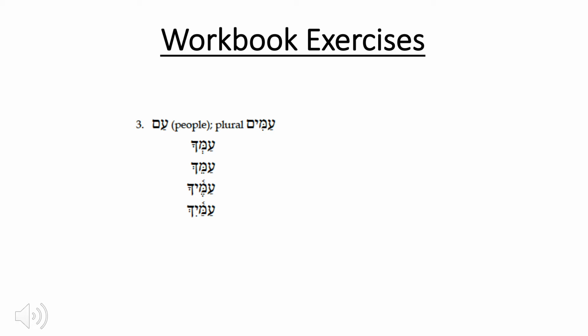This becomes a kaf shva suffix in the second example here, and because of that we have lost the shva, which is underneath the mem in the first example, and instead have replaced it with a tsere in the second example. In both examples, we have the dagesh in the mem to keep the patach underneath the ayin.